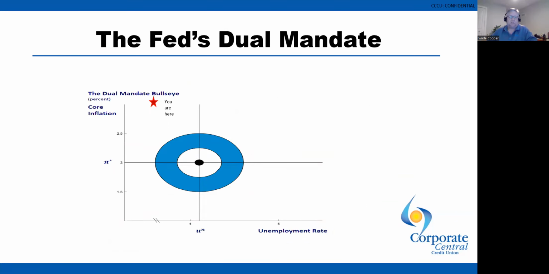And here's back to the Fed's dual mandate. Their dual mandate bullseye is roughly 4.1 unemployment on the bottom here, core inflation on the side, roughly 4.1 and 2% inflation. We're sitting at about 3.5 unemployment and about 3% inflation.